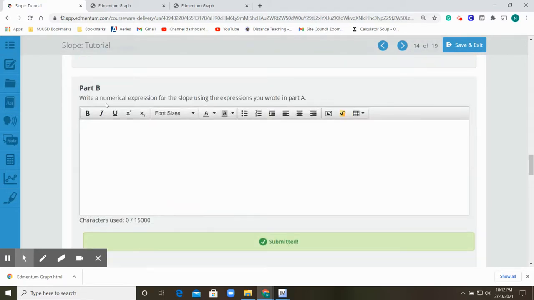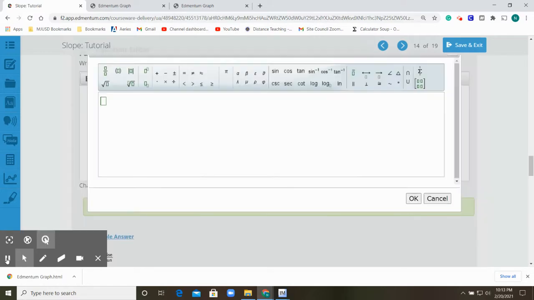Write the numerical expression for the slope using the expressions you wrote in part A. We're going to have to use our equation editor to help us out on this one. So we got a big fraction. That was 3 minus 0 over 5 minus 0.